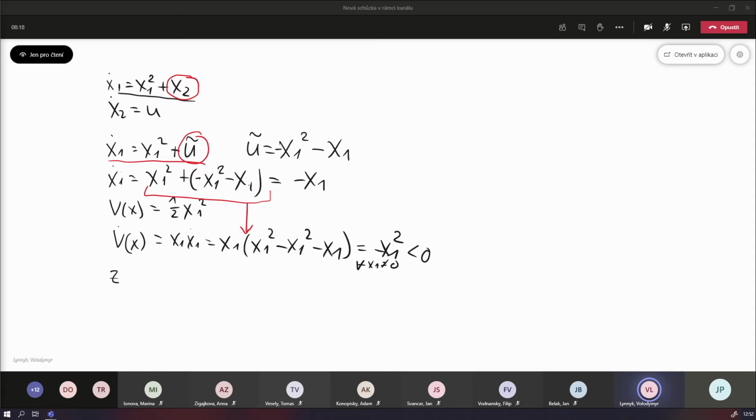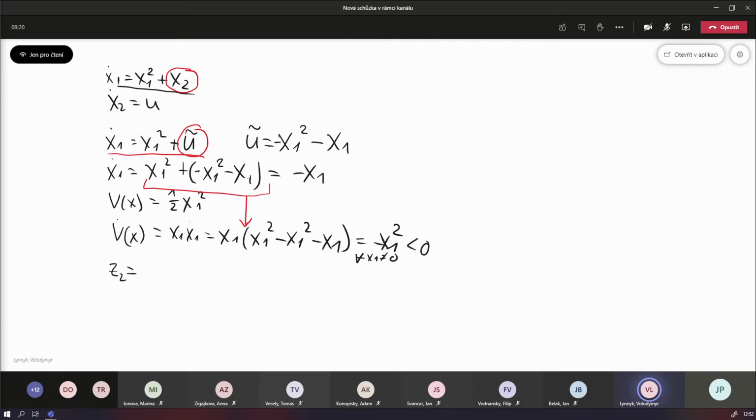This z2 equals x2 minus, the difference between the original x2 in the first row and this virtual control u tilde.